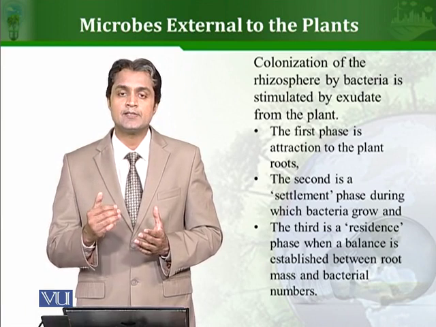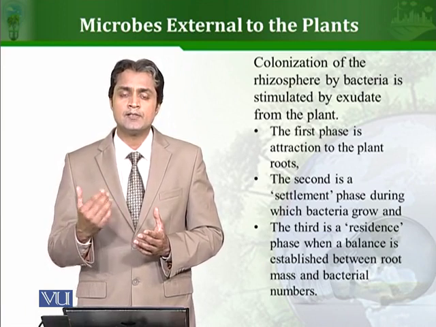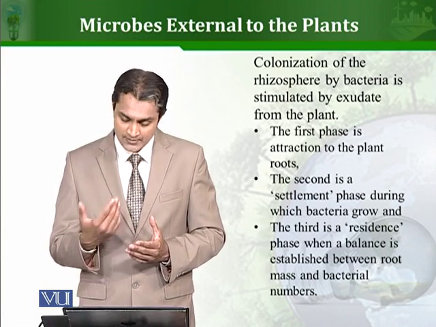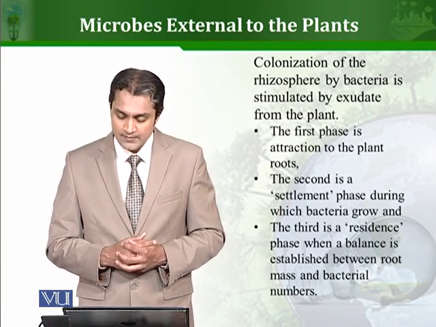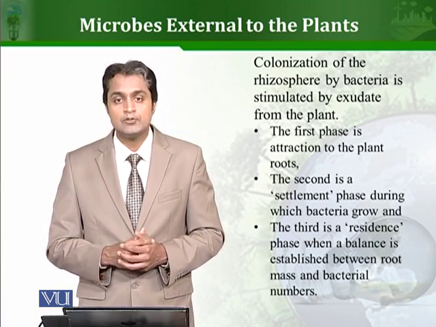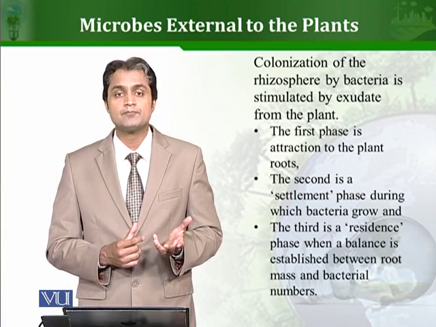Once it has reached the soil around the root, it starts multiplying there, starts growing there. And the third phase is the residence phase, when a balance is established between root mass and the microbial load.